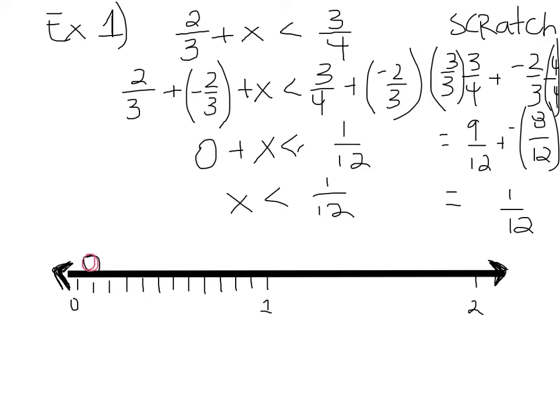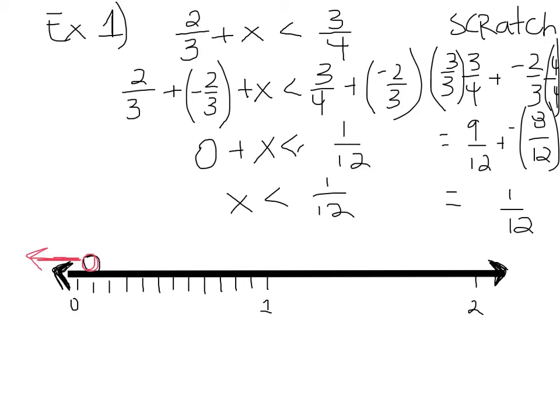And the less than is going to be anything less than 1/12, or anything to the left of the 1/12. So my line is going to go towards the left and continue infinitely left. So I'm going to put the arrow to show that it continues infinitely to the left.